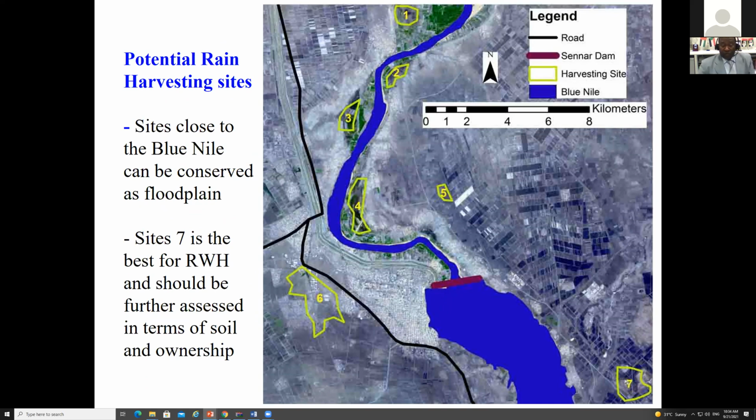This description will help decision makers to judge and to add other factors like soil type and ownership, who owns this site, whether it is public or private, and whether it is suitable or not. So based on this, we identify some sites, and we hope some of the recommendations could be implemented.